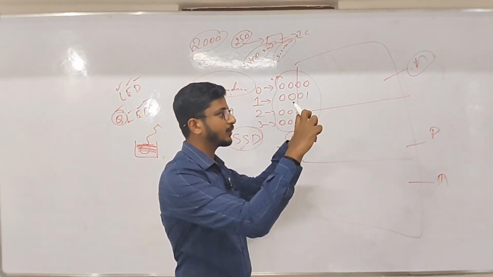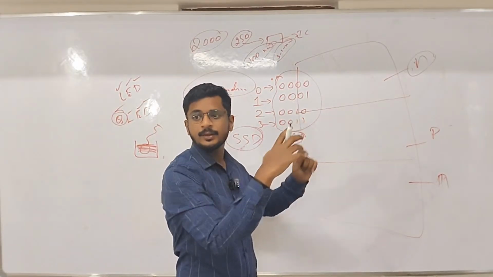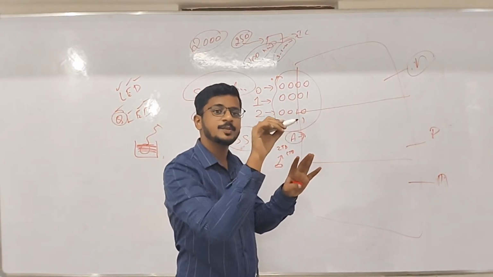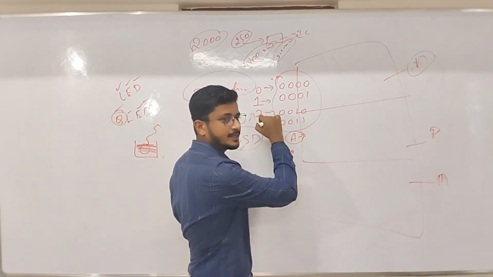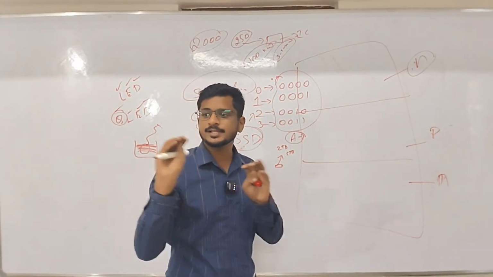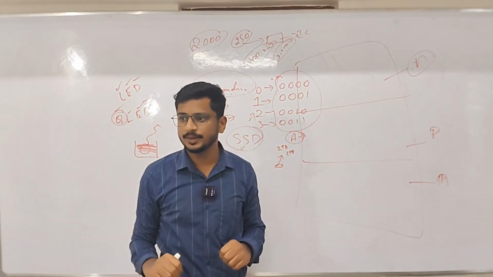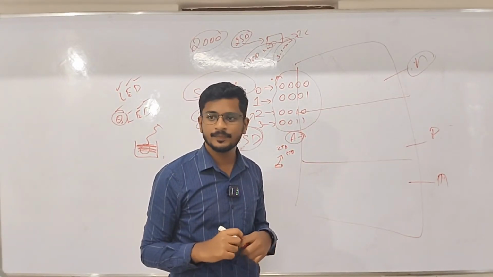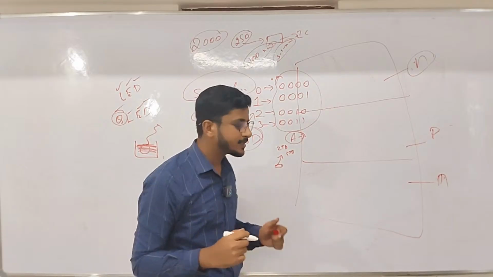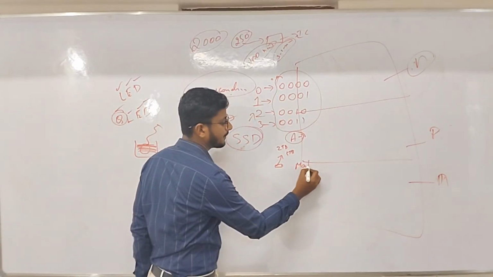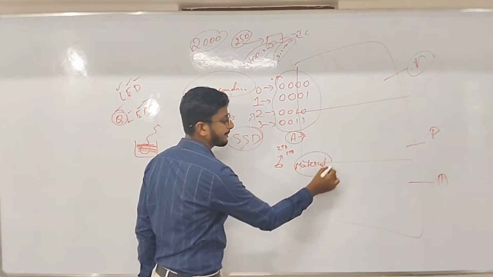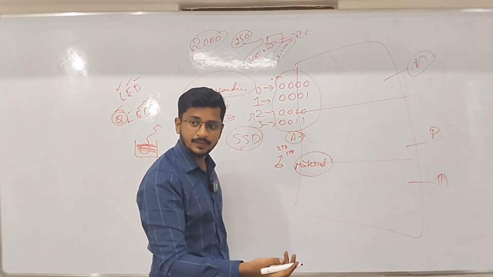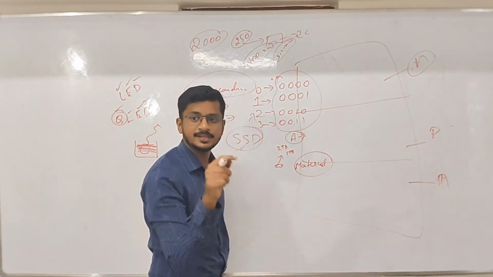If I take one photograph, that photo first has to be converted into zeros and ones, and then stored. Where will it be stored? It will be stored in the material. How will it store in the material? Will it say 0 here, 1 here? No.